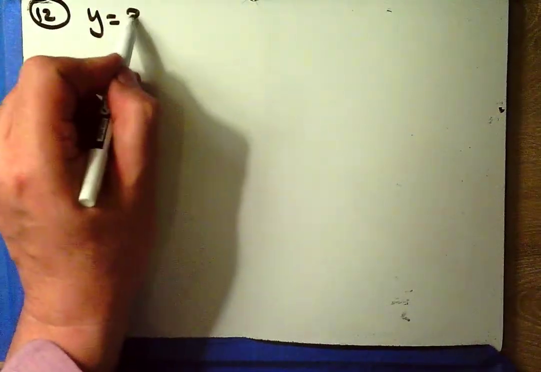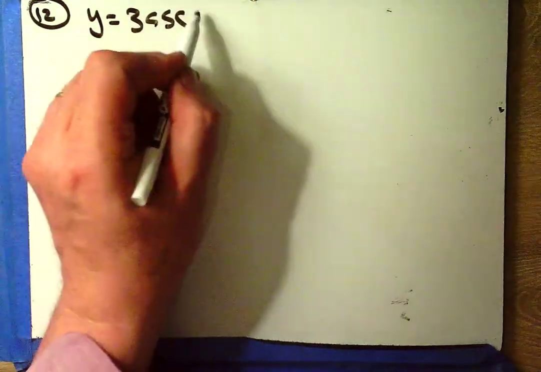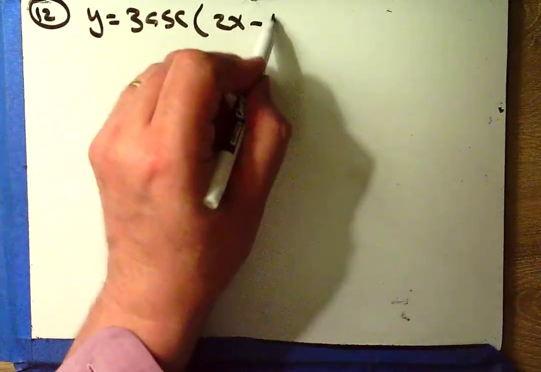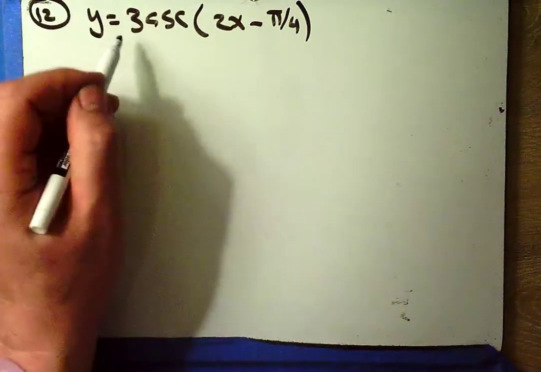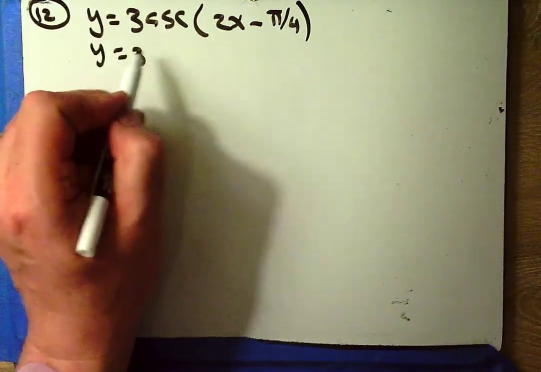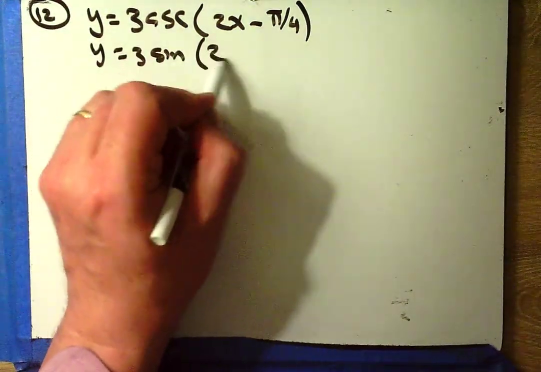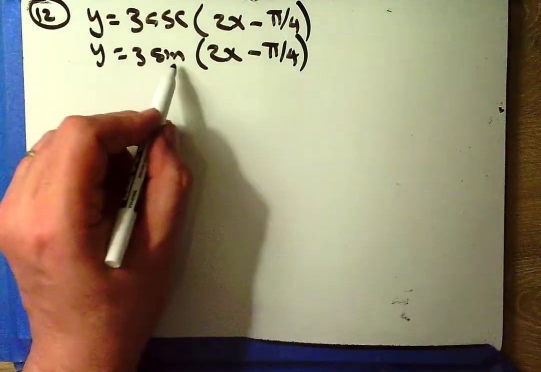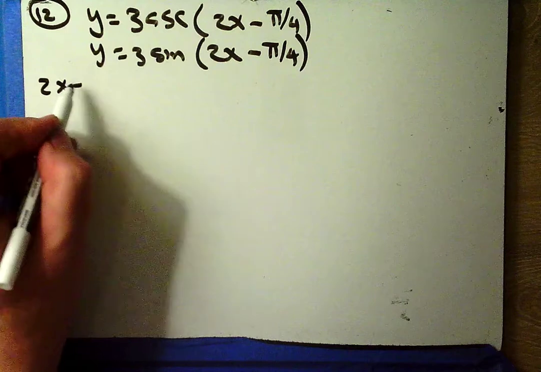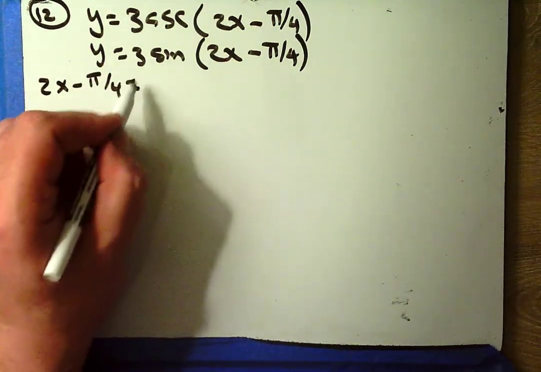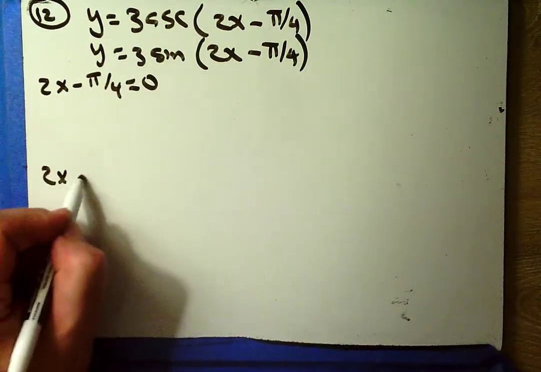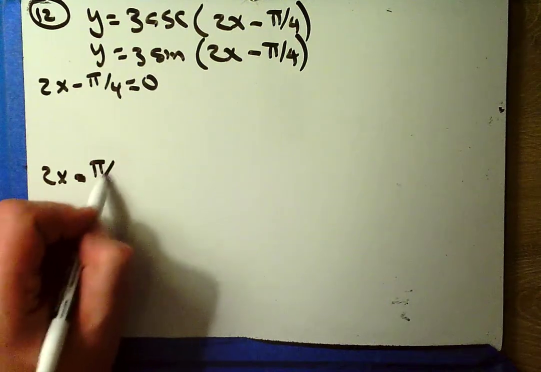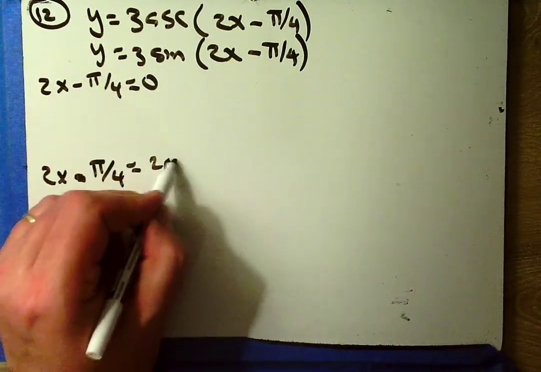We know in order to graph cosecant, we start by graphing the sine version of this problem. So we're going to be looking at y equals 3 sine 2x minus pi over 4. Okay, well, a sine graph, I set the argument equal to 0, and I set the argument equal to 2 pi.